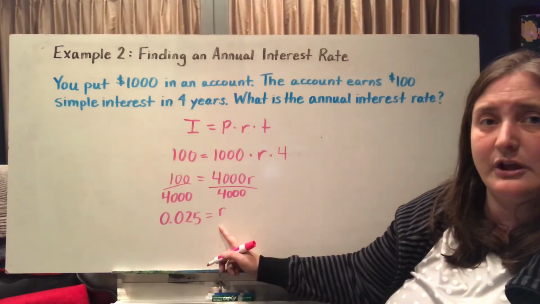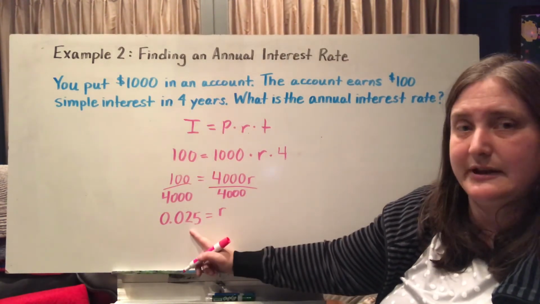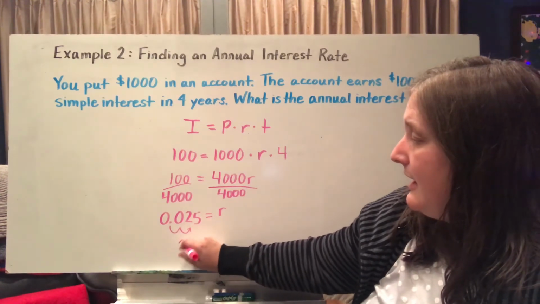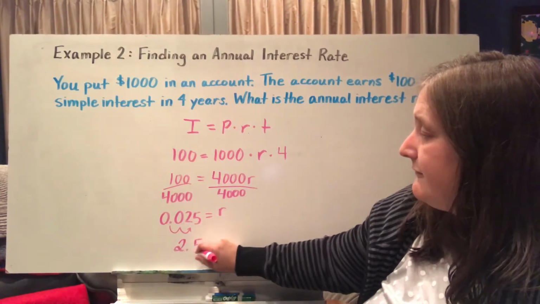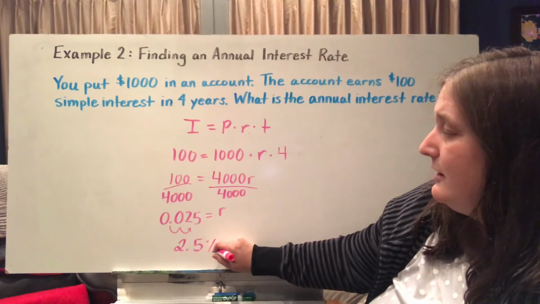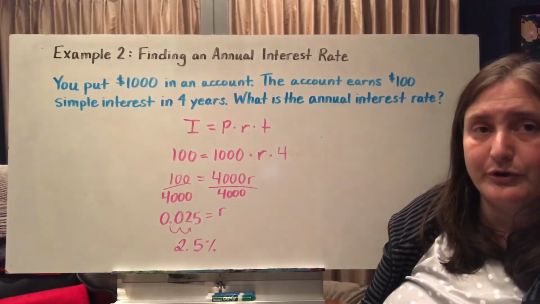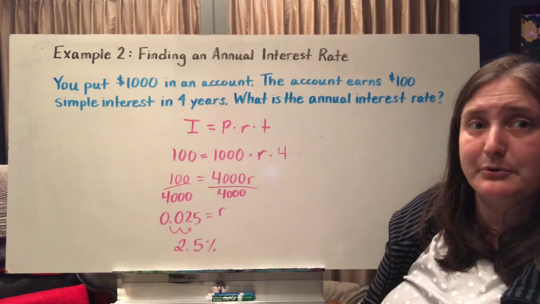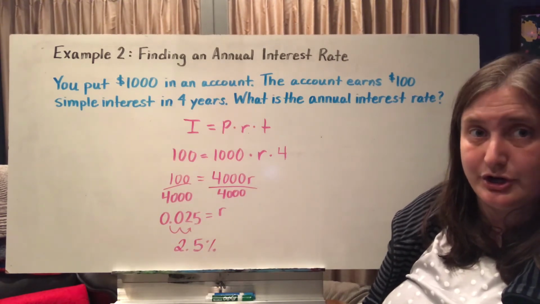Now remember, this is our interest rate. So right now it's represented as a decimal. If I move the decimal 2 spots to the right, I get a 2.5% rate. So over those 4 years, I was paid 2.5% of my money each year.